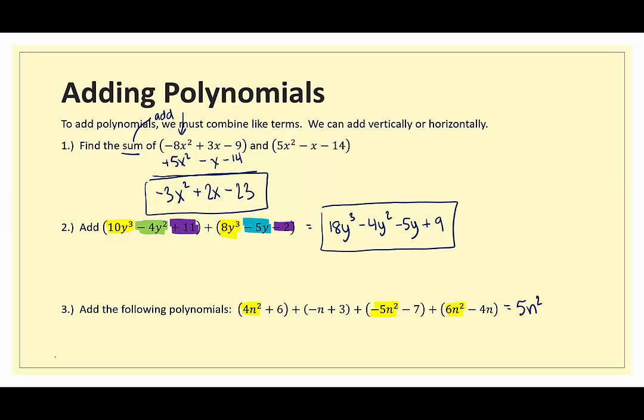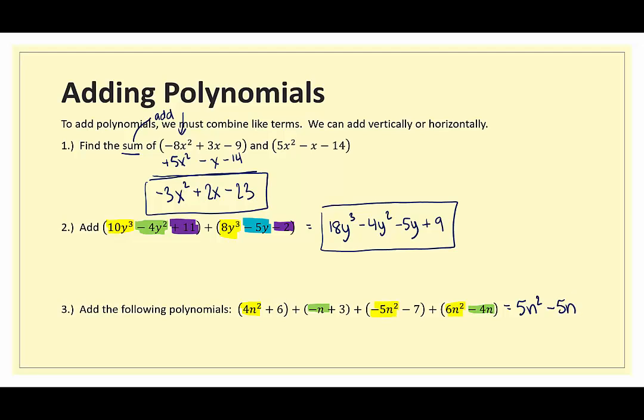Next up, I'm going to look for just terms that contain an n with an invisible 1 exponent. There's an n, a minus n there, and there's a minus 4n there. When I combine a minus 1n, not only does that have an invisible 1 exponent, it also has an invisible 1 coefficient. So we have minus 1n and minus 4n. They're both negative, and they're going to combine to make minus 5n.